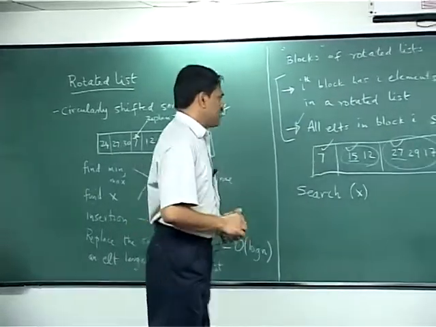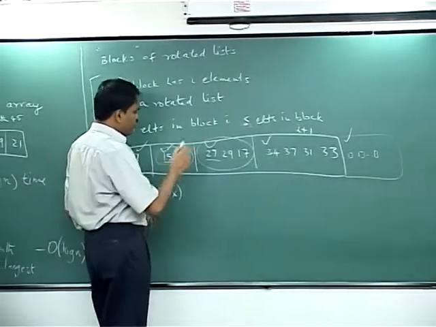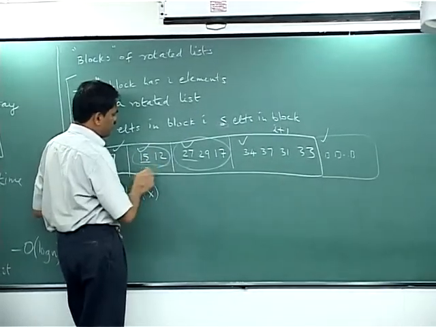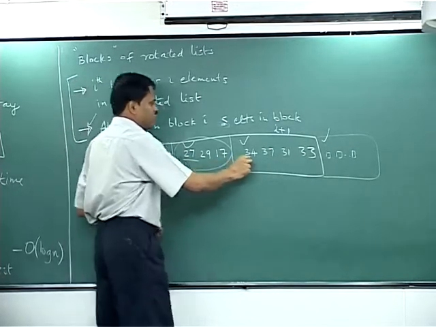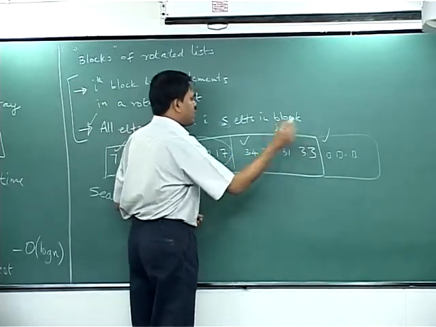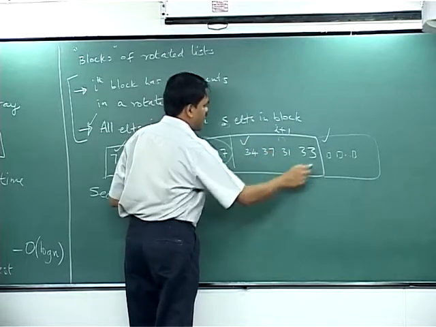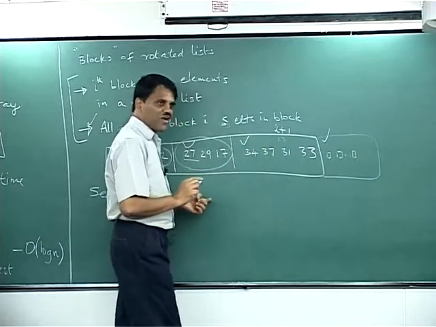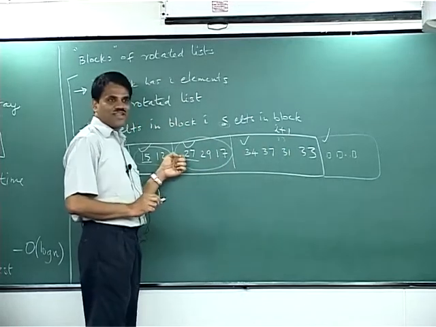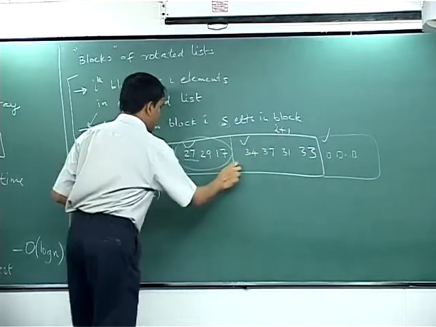If I am looking for 23, 23 could be here, because 15 could be the smallest element, and it could be here. It could also be here, because you know it is a rotated list. So, maybe it starts at 23 and comes back and goes to 34 or something. No, it cannot be, because all elements are bigger than this. So, it cannot be here, if at all.